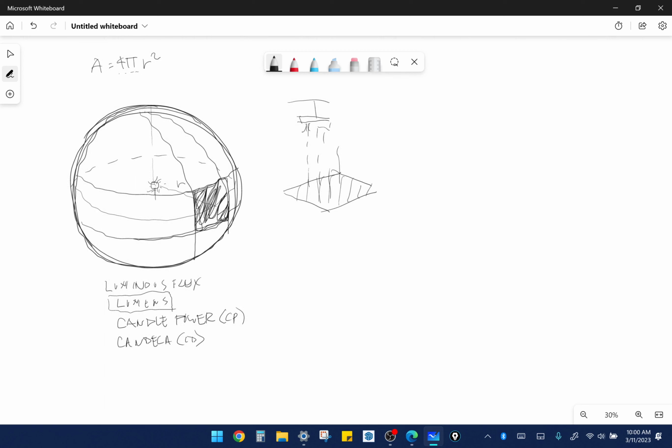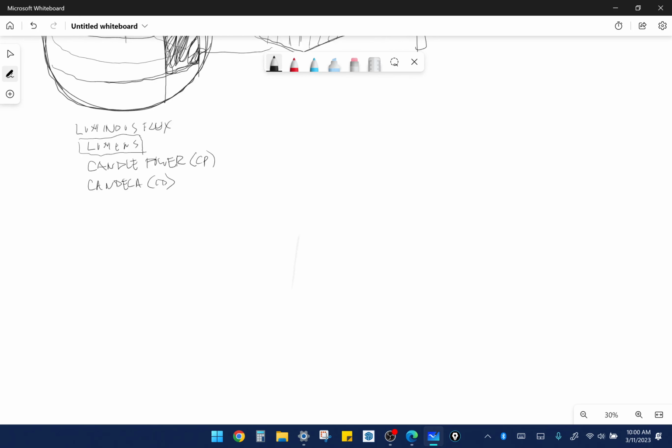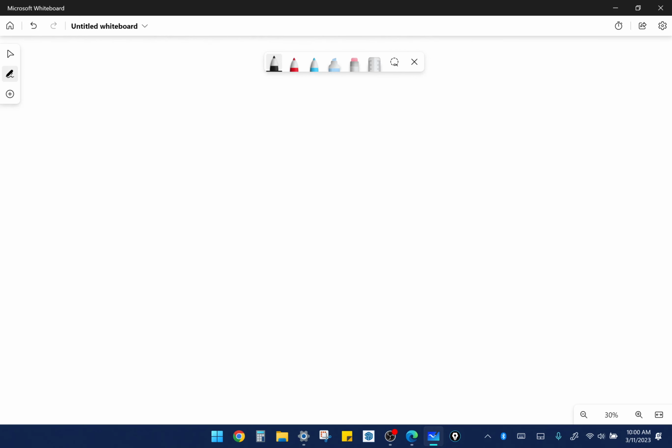So that means this is our square, this is that same square foot. This is our light up here. Now if we think of it like we've seen it drawn, like we have this light and we're going out 1 foot. You know what I'm going to do? I'm going to come down here and zoom in, because I was zoomed out, so I didn't have a lot of fidelity in my pen.